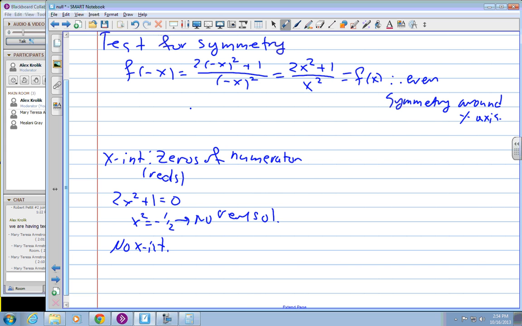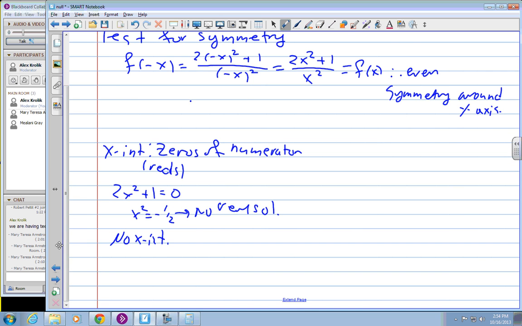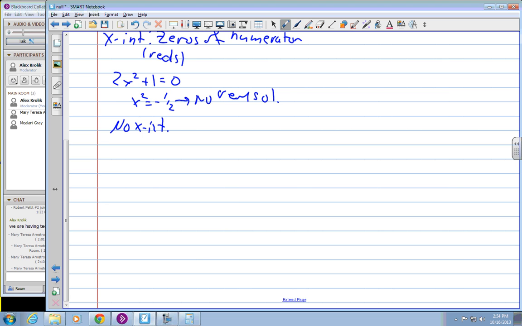Right? The y-intercepts, if you put 0 for x, you'll get 0 in the denominator. Right? So no y-intercepts. So for the y-intercepts, you'll get 2 times 0 squared plus 1 over 0 squared, which is 1 over 0, undefined.